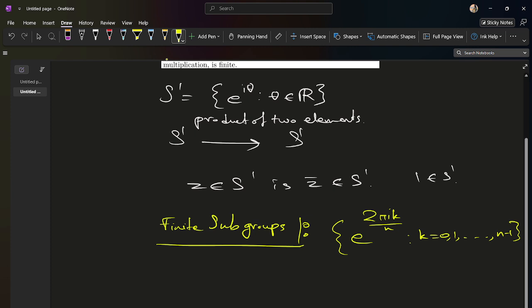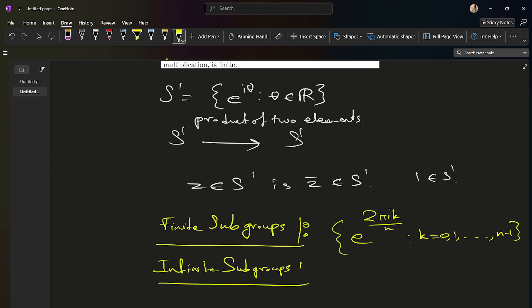Now we are going to understand the infinite subgroups of S1.